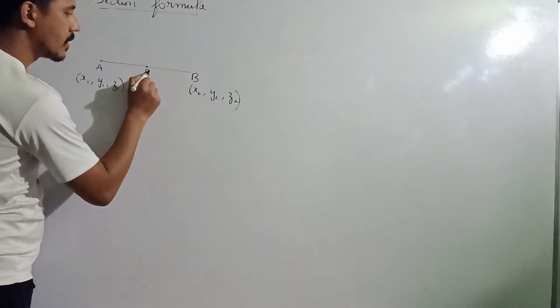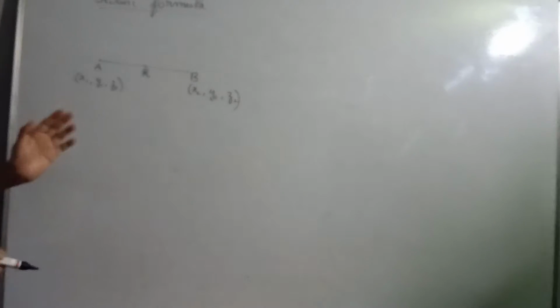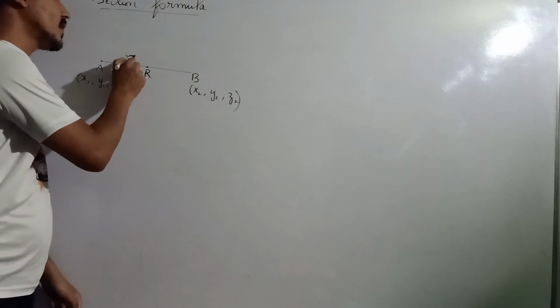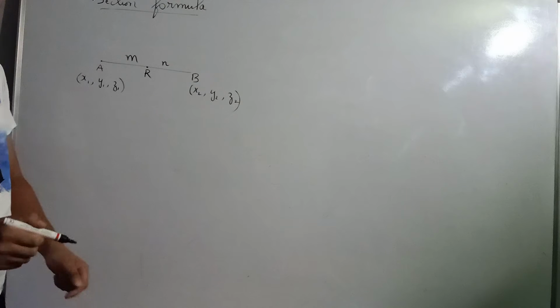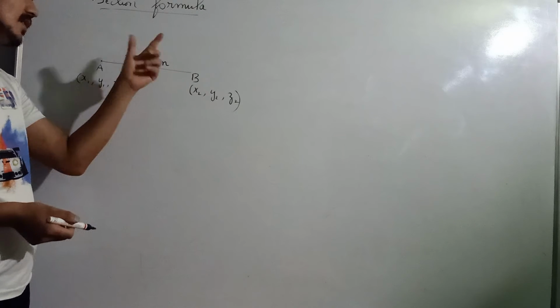Suppose R is a point on the line joining AB, which divides AB in the ratio m is to n. That means the ratio of these two parts is m is to n.